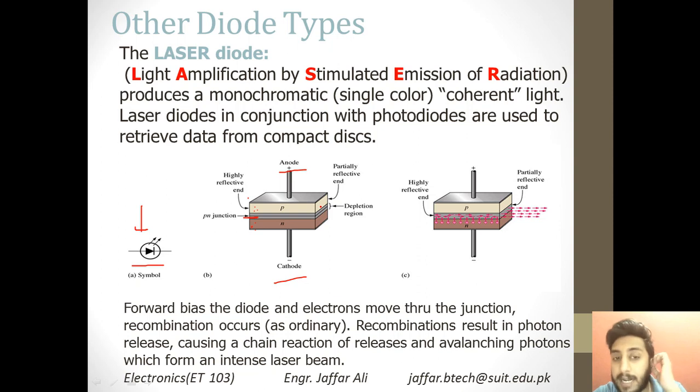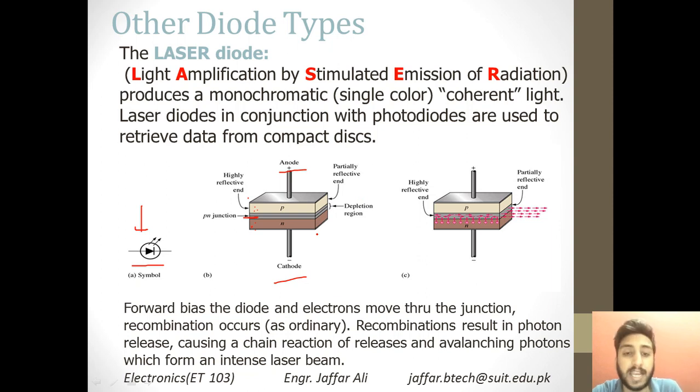And now what is the reflective end, and why do we increase or reduce the reflective property of that material? The reason for keeping this side highly reflective and the other side partially reflective is that you do not want your light to go out.